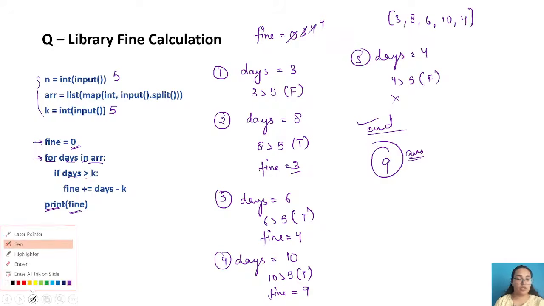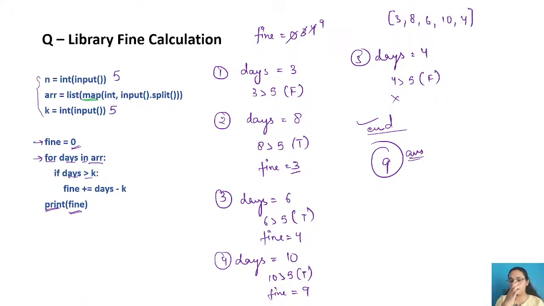Okay, so for the student who is asking why we are using this map function, let me explain how this line works on a space separated input. Let's assume that we are given an array, something like 3, 8, 6, 10, 4.